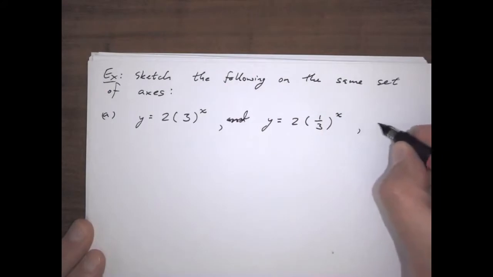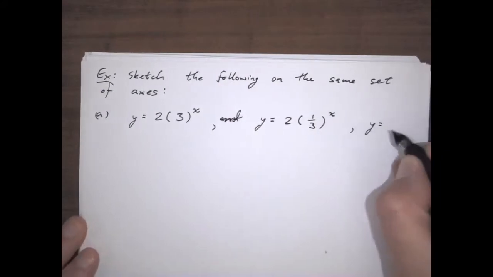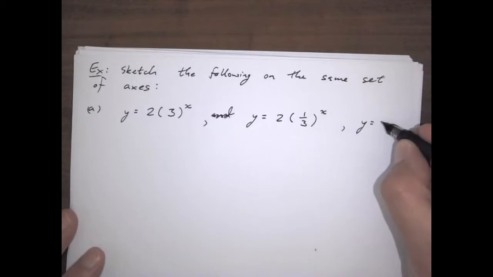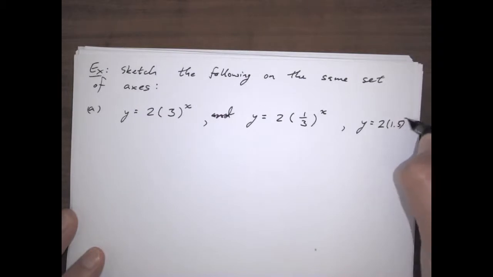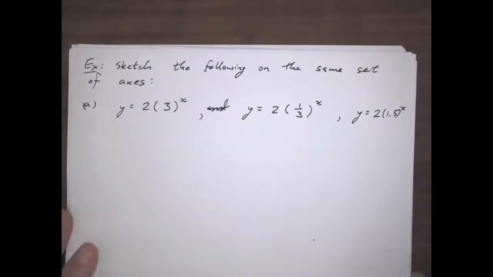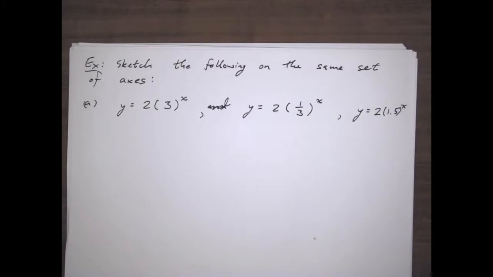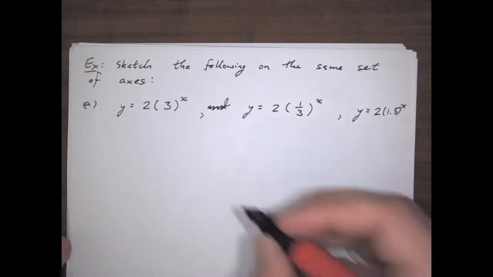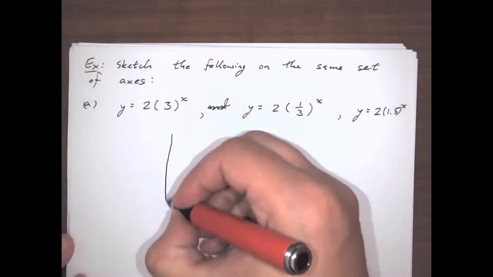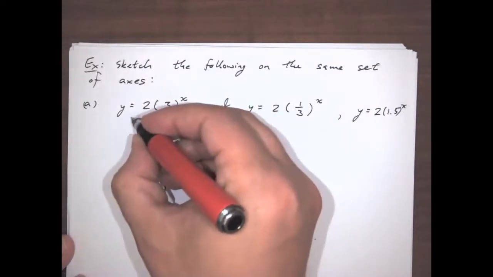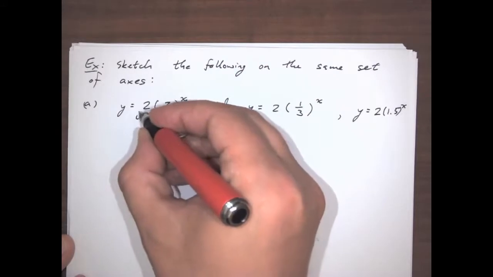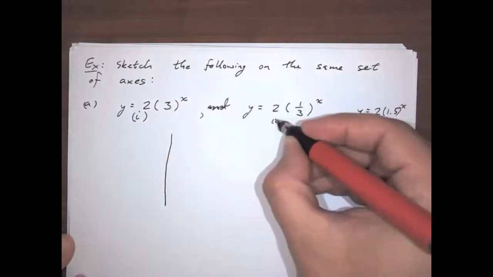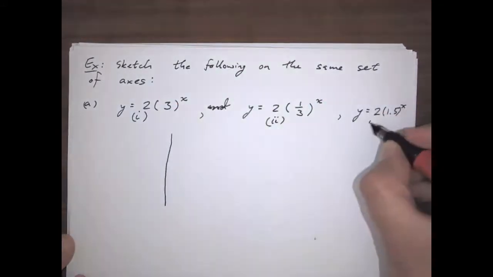And then finally, y equals 2 times, let's say, 1.5 to the x. So we have here our 3 exponential functions, but they all share the same value for a. And in particular, let's say this one is graph 1, graph 2, and graph 3.